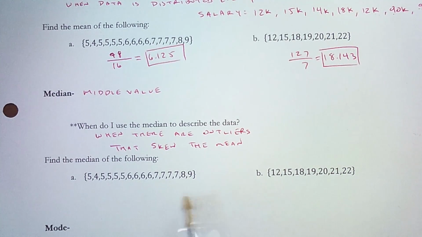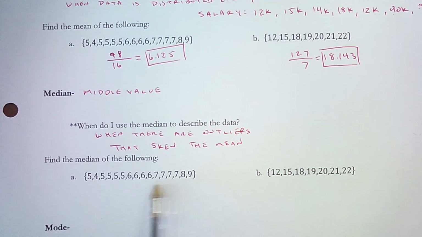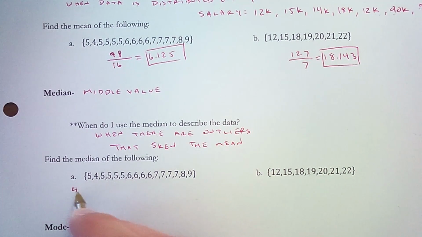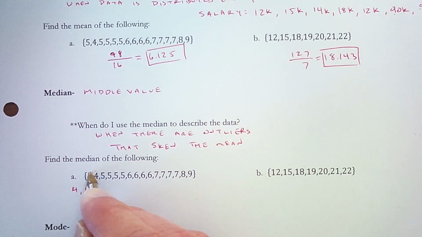So the median is the middle value. In order to find the middle value, the numbers have to be written in numerical order. In this data set, they almost are in numerical order, but not quite. So the 4 and 5 here actually have to change places.